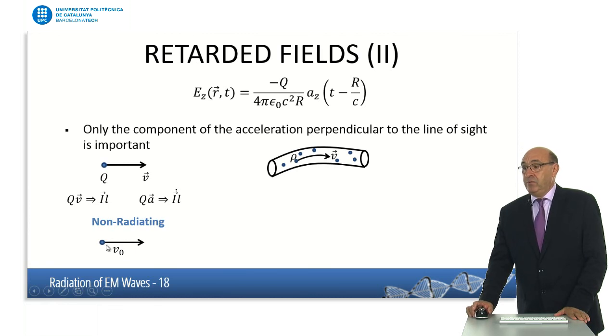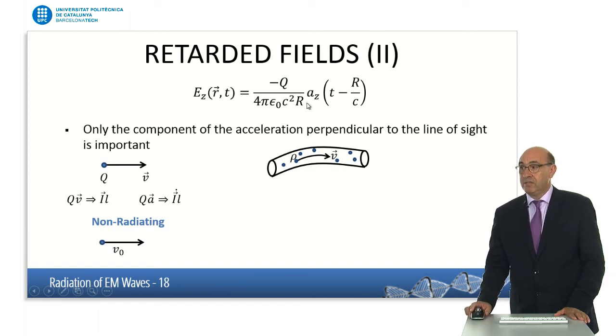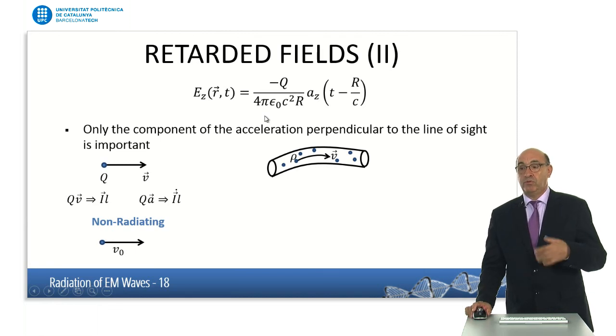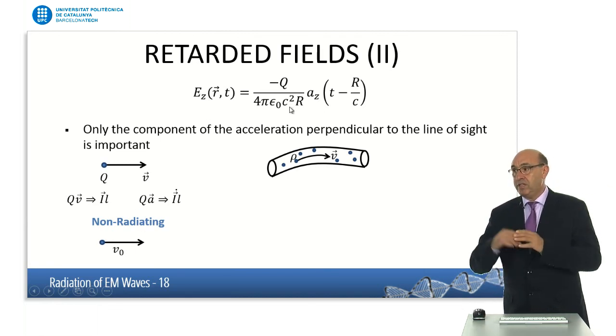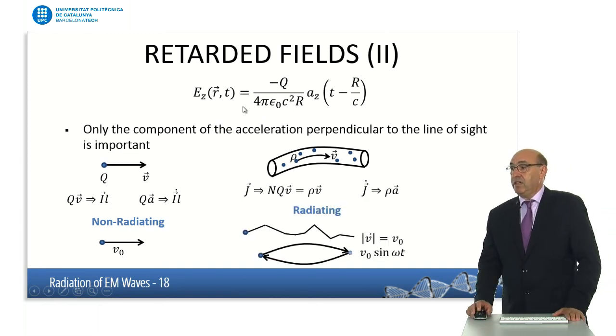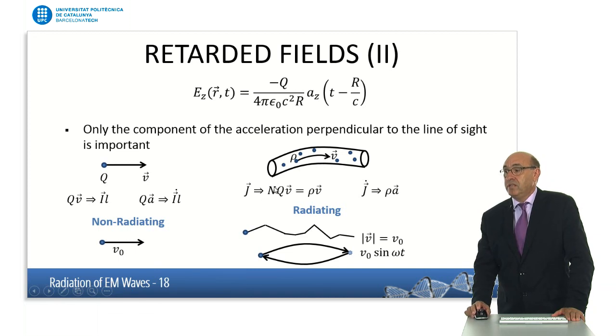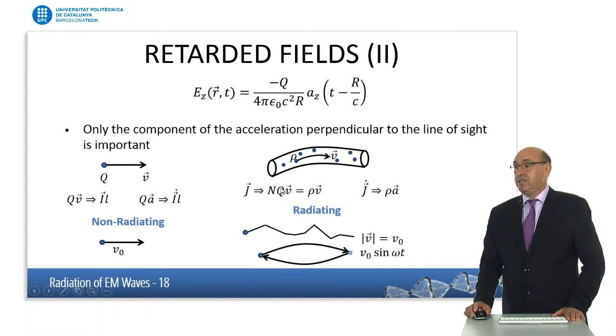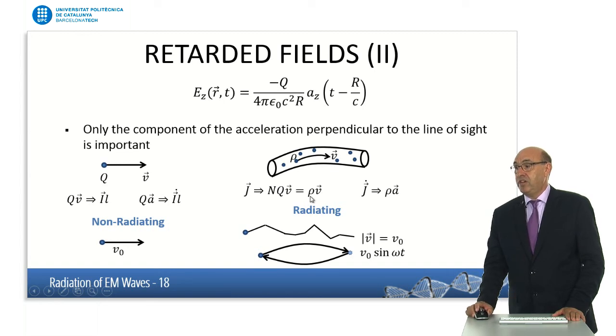The first thing we may consider is that if this charge is moving uniformly, there's no acceleration, then this field will not exist. We will be saying that this charge will produce fields, but not the kind of fields we like to have, those that really go very far in the distance. In the second case, when we have many charges, if this is the number of charges per volume times the value of the charge and the velocity, this is similar to saying that we have a charge density times the velocity.